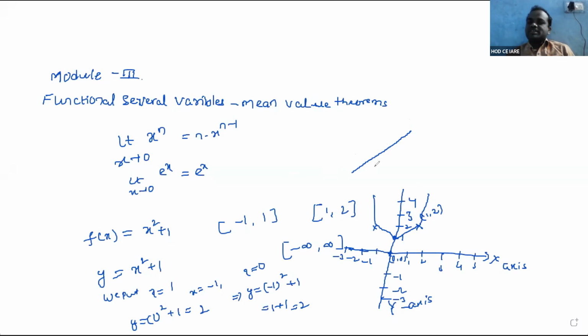If I take, for example, tan x, is it a continuous curve or a discontinuous curve? For example, x equal to 0 degrees gives 0. I have to clear this board.